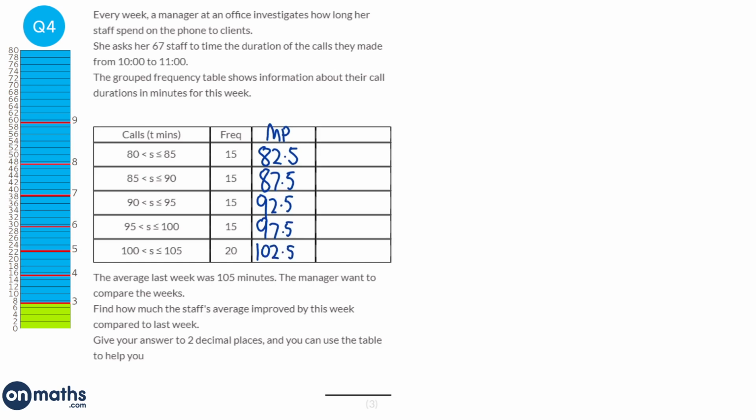Next we need to find the FT, which is just the frequency times the duration of calls. Now, in this first group, we're not timesing it by 80 to 85 or anything like that. We're timesing it by the midpoint. So our midpoint effectively becomes the T. So we're going to do 15 times that, which will be 1237.5.